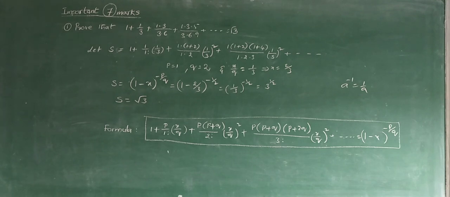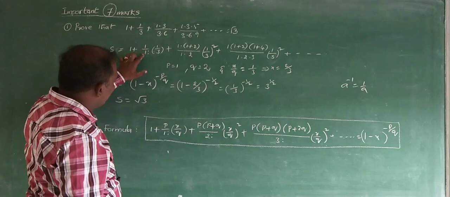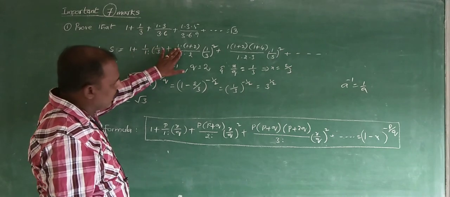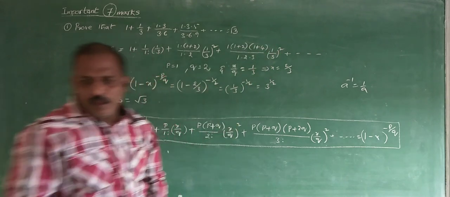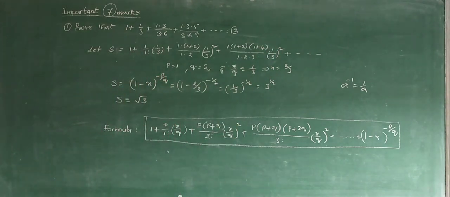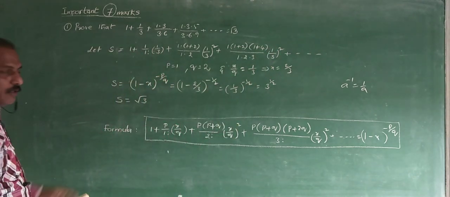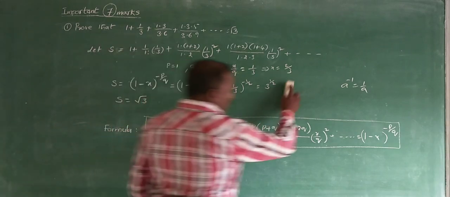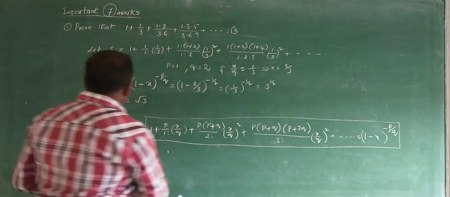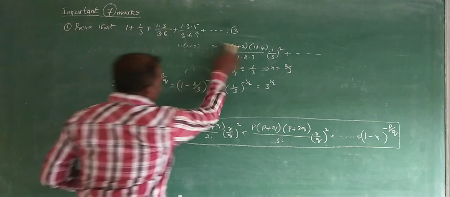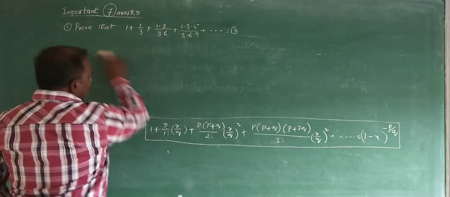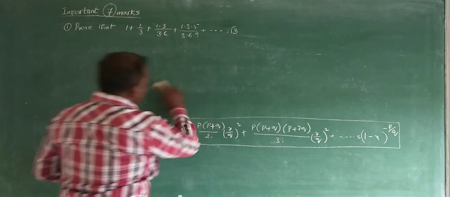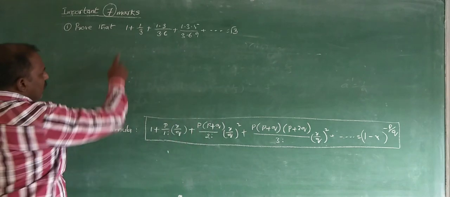There is a question given in 2015. Look here: 1 plus 3 by 1 factorial into x by 2, plus 3 into p plus q by 2 factorial into x by 2 whole square. We can write the value very easily. If you are clear with this, now just look at the formula. I write like this without writing those values. From the other two, it will be very easy.